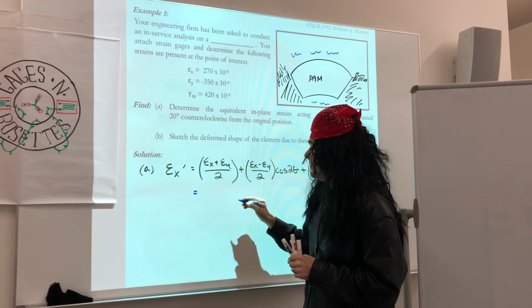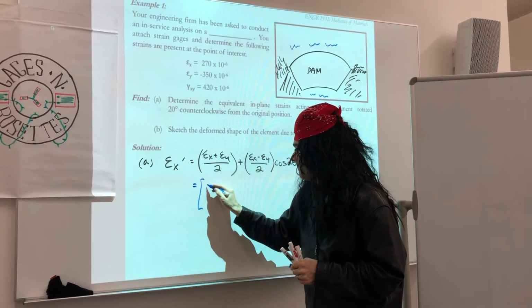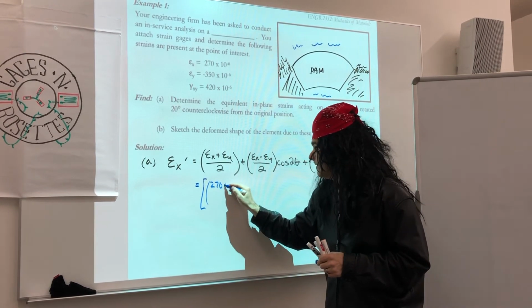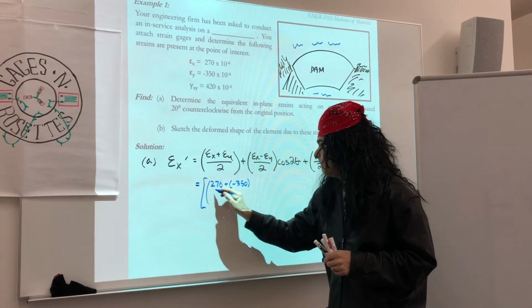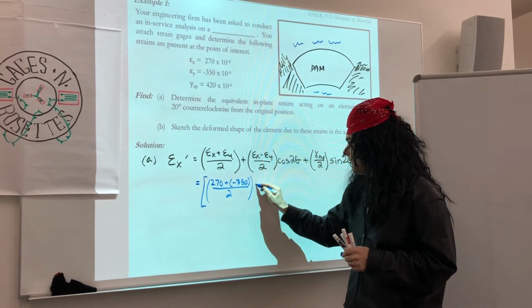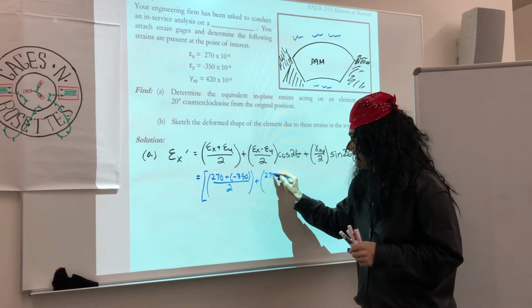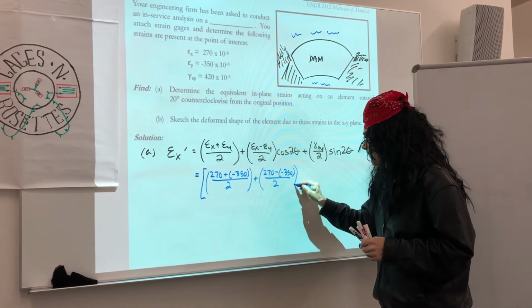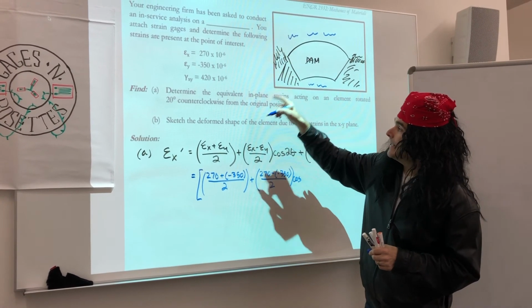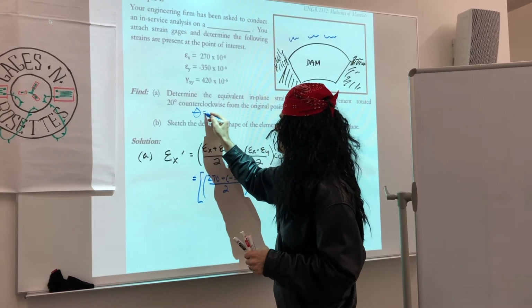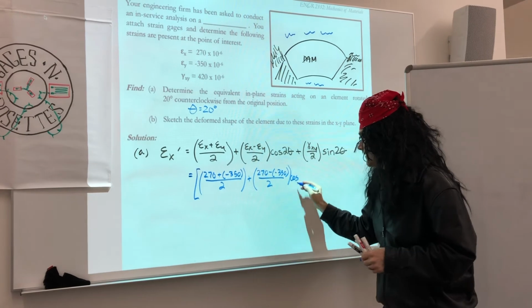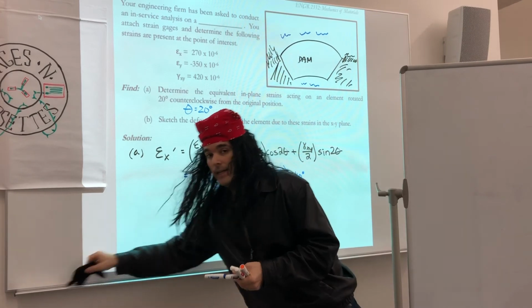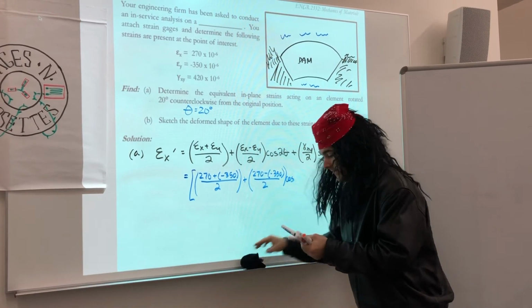We got epsilon x is 270. I'm just going to put everything in here in a bracket. So we got 270 plus minus 350 over 2, plus 270 minus a minus 350 over 2 cosine of 2 times theta. Theta here is 20 degrees, so it's going to be cosine 40, or we could write 2 times 20 if you want to have that down.